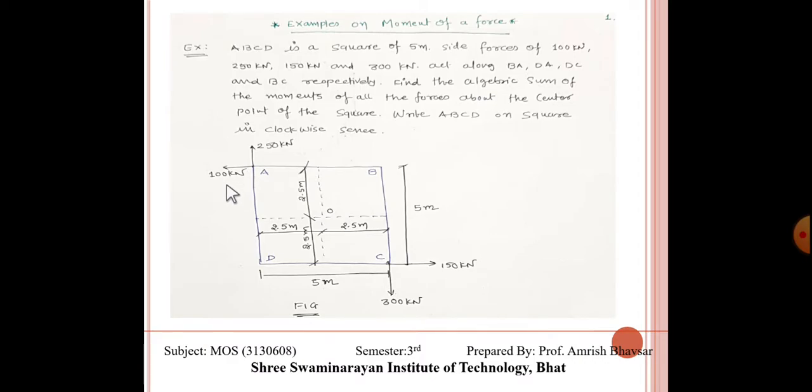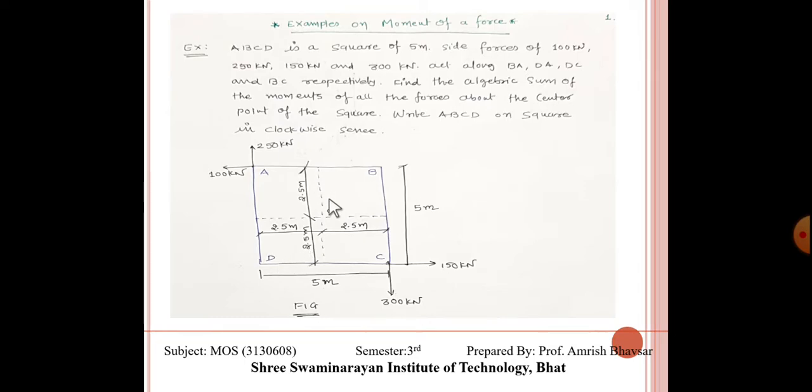This 100 kilonewton force is moving leftward, so it will create an anti-clockwise moment. This 300 kilonewton is clockwise, and the 150 kilonewton is anti-clockwise.